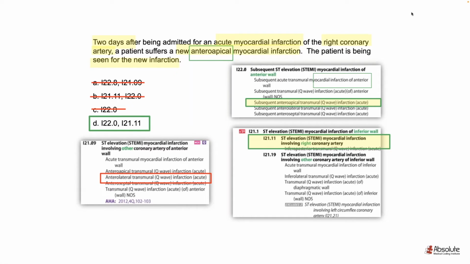And I know I have to watch how I say it. So if I'm confusing you, please forgive me. But recurring, secondary, sequencing first, second, just stay focused on the reason for the encounter. If the reason for the encounter is the secondary, you code the secondary first. All right.